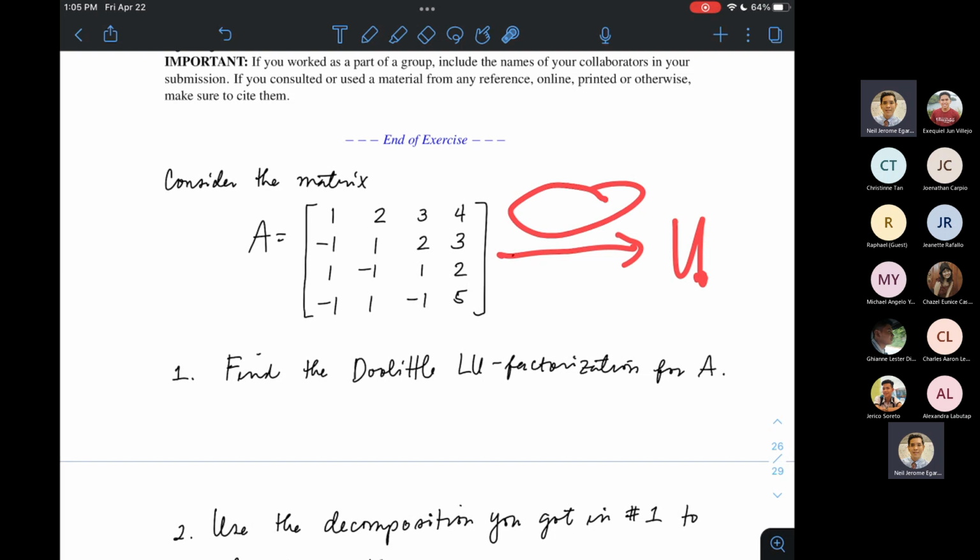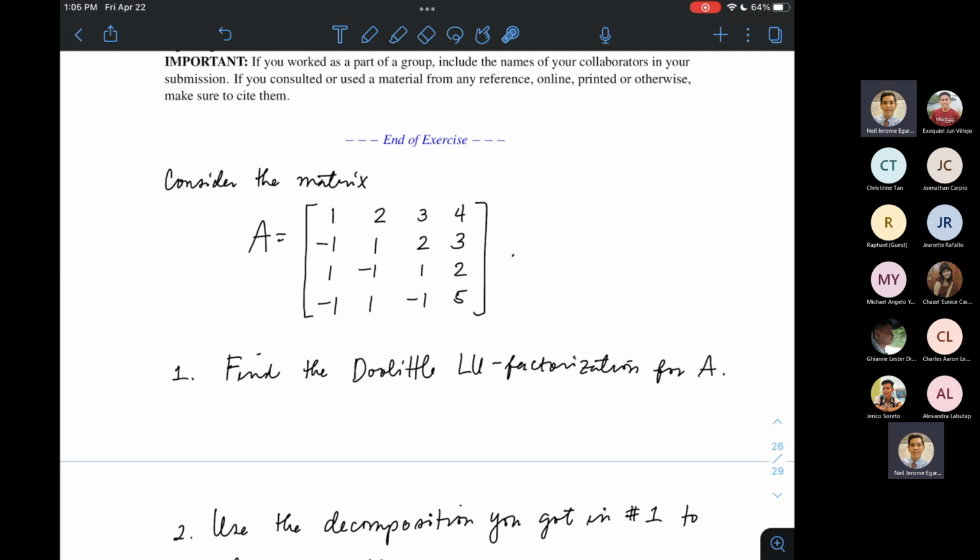And then take note of the coefficients in the row operations because they will be the entries in the unit lower triangular matrix L. So once you have performed the Gaussian elimination here, you will be able to get the LU factorization ni A.